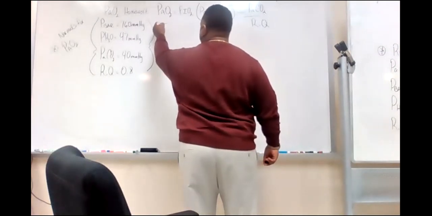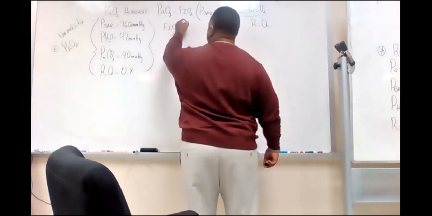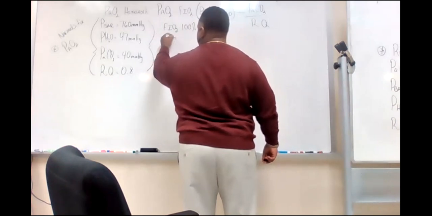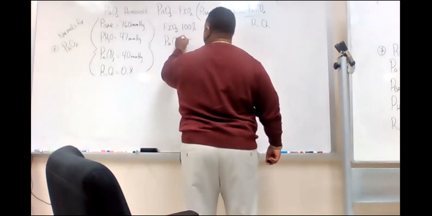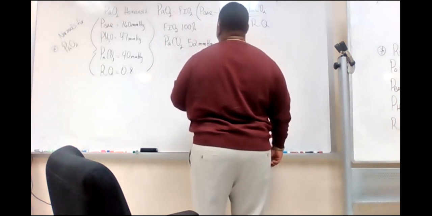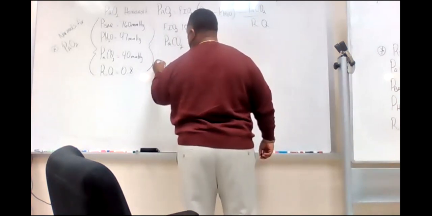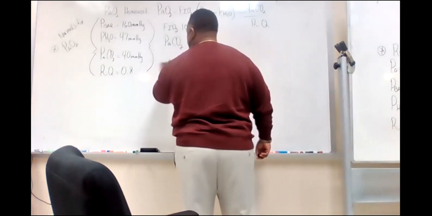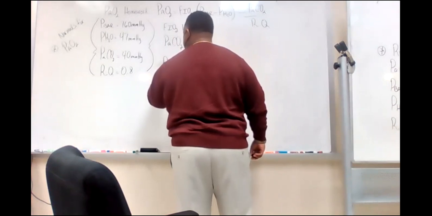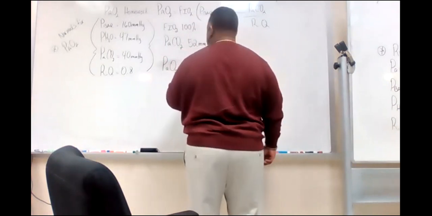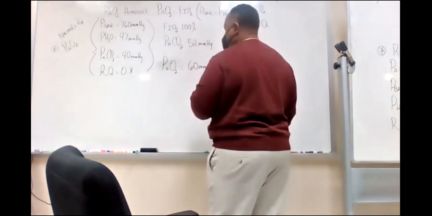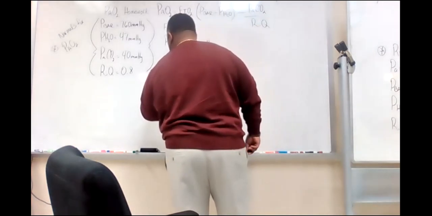He's on a FiO2 of 100%, and his PaCO2 is 52 millimeters of mercury. Let me also give you his P little a O2. His P little a O2 is 60 millimeters of mercury.